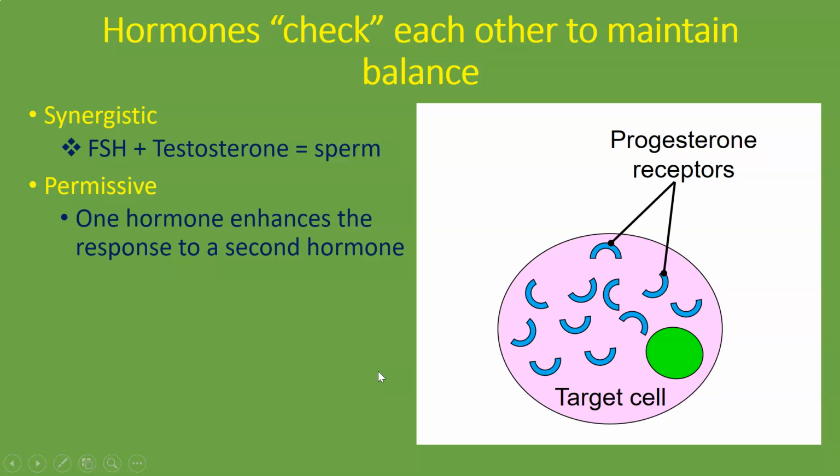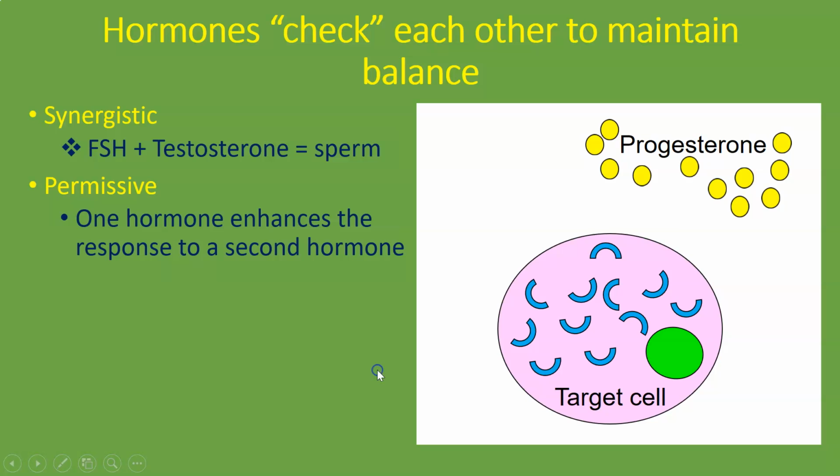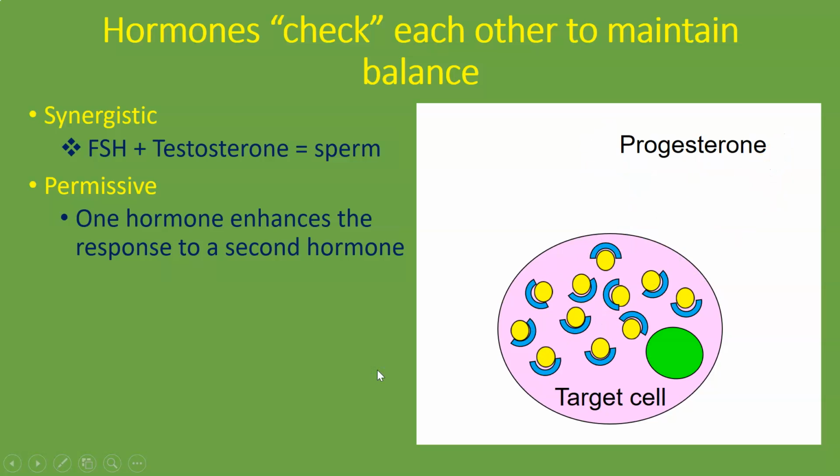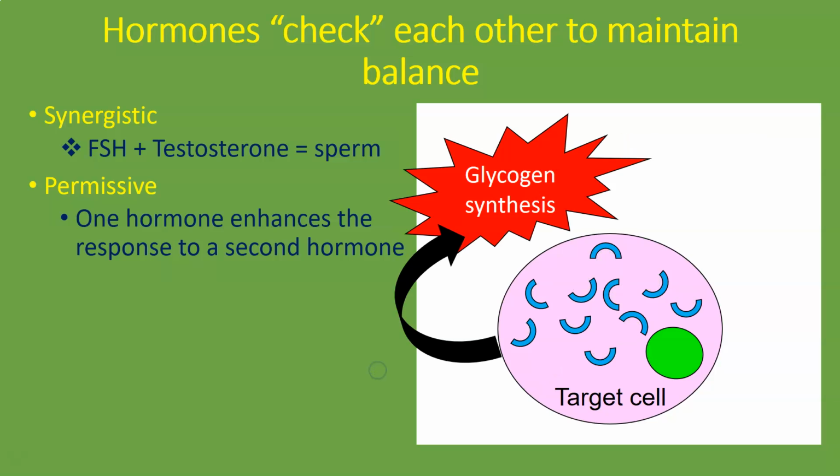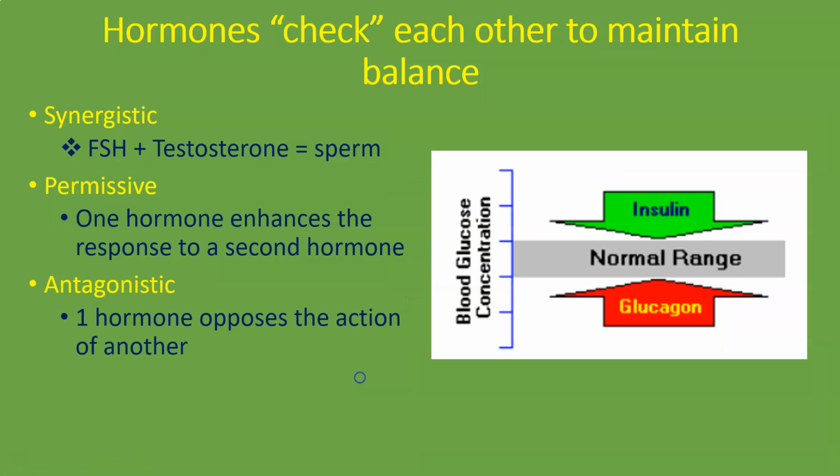After ovulation, progesterone is going to be secreted by that empty follicle, and the progesterone now has places to bind, and that's going to cause the target cell to create more glycogen in order to prepare the uterus to support a growing embryo should fertilization occur.